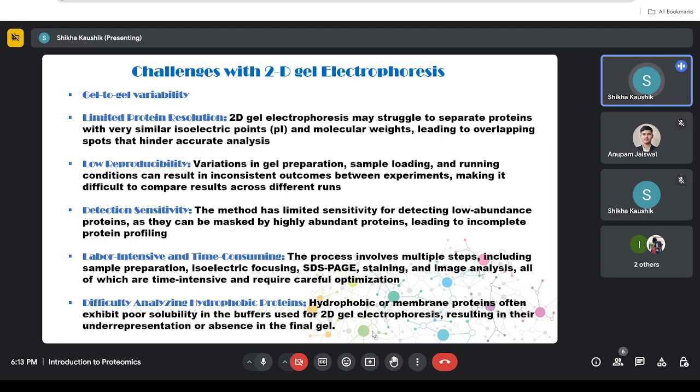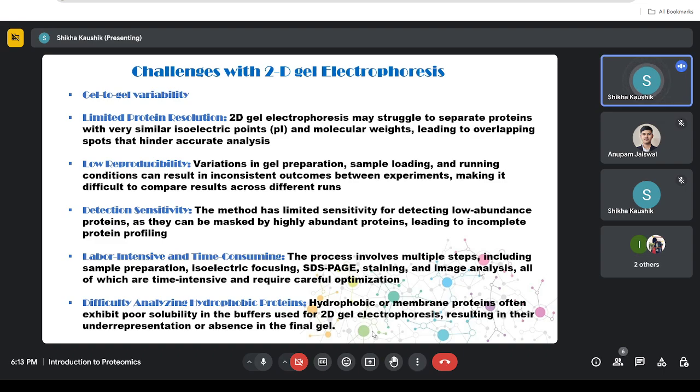Even for the IPG strips, the one-dimensional separation based on pI, you're going to have variation because you may have consumed that buffer previously, or it might not have the same pH as when you ran it the first time.